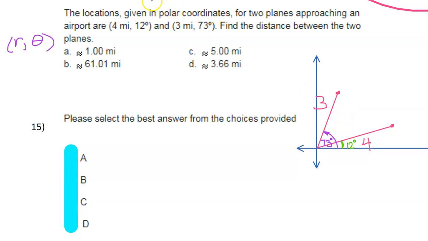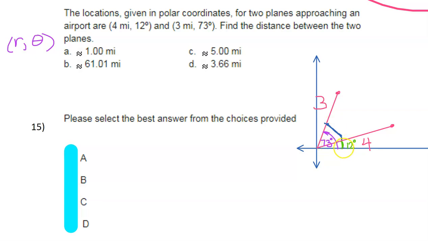So here is the most important thing right now. We need to know how big the angle between these two is going to be. Right? How big will this blue angle be? Well, obviously, if the larger angle is 73 and the smaller one is 12, the blue angle will just be the distance between them.